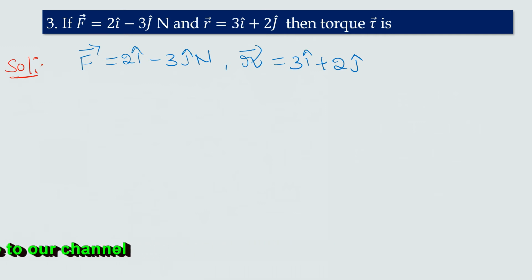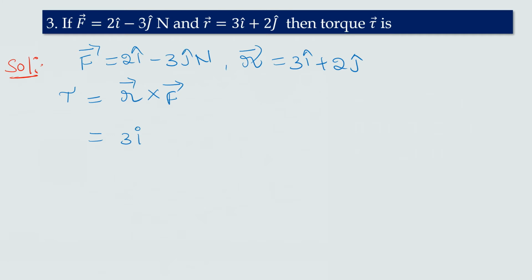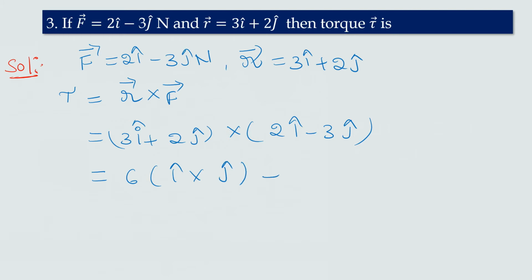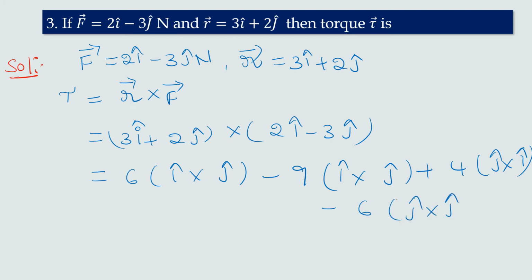Now finding torque tau. Tau is equal to r bar cross product of F. So that is equal to 3 i plus 2 j cap cross product of 2 i cap minus 3 j cap, that is equal to 6 of i cap cross product of j cap minus 9 i cap cross product of j cap plus 4 of j cap cross product of i cap minus 6 j cap cross product of j cap.